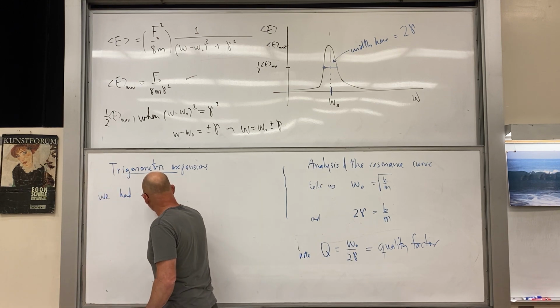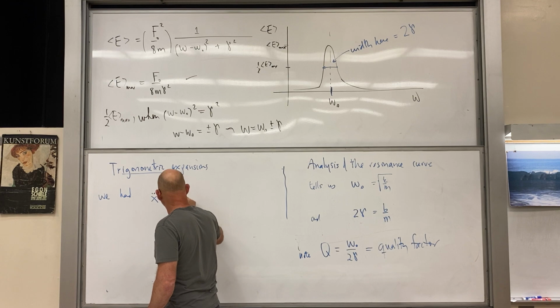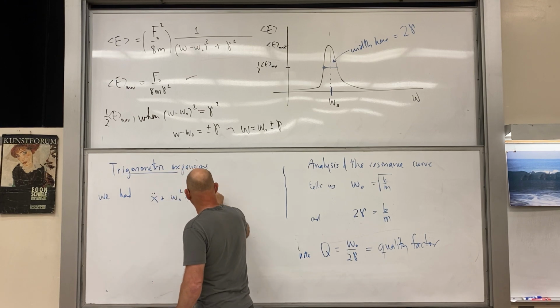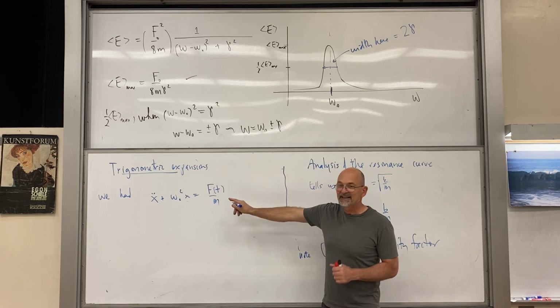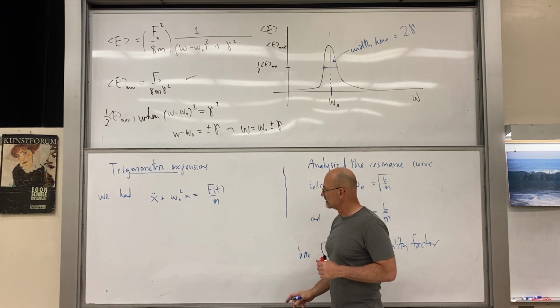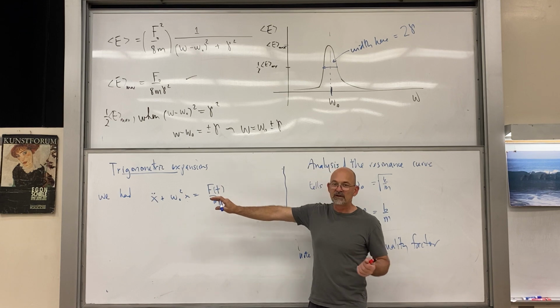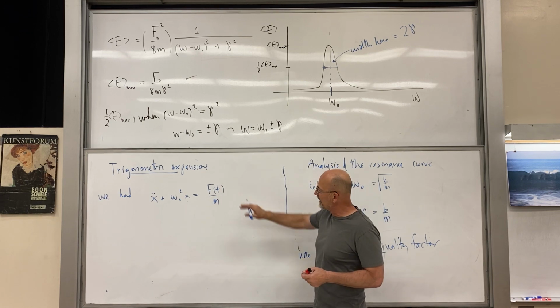On the one hand, we did the undamped oscillator, f of t over m. We had a completely general solution to this. For any f of t you could think of, we had a scheme to find that.